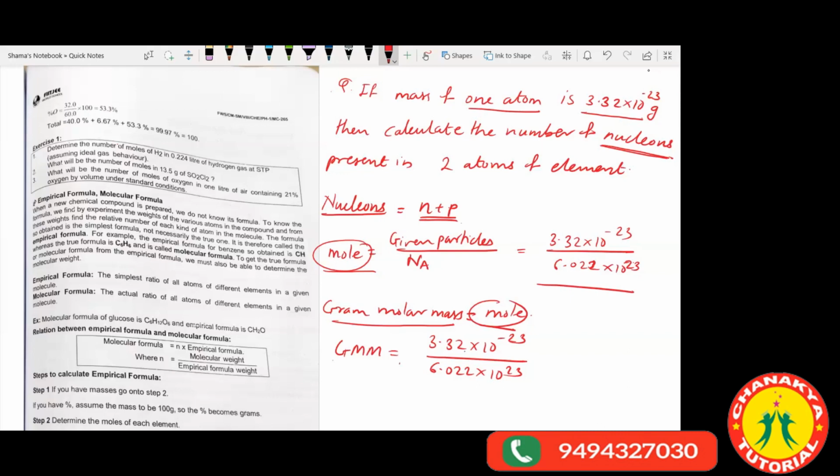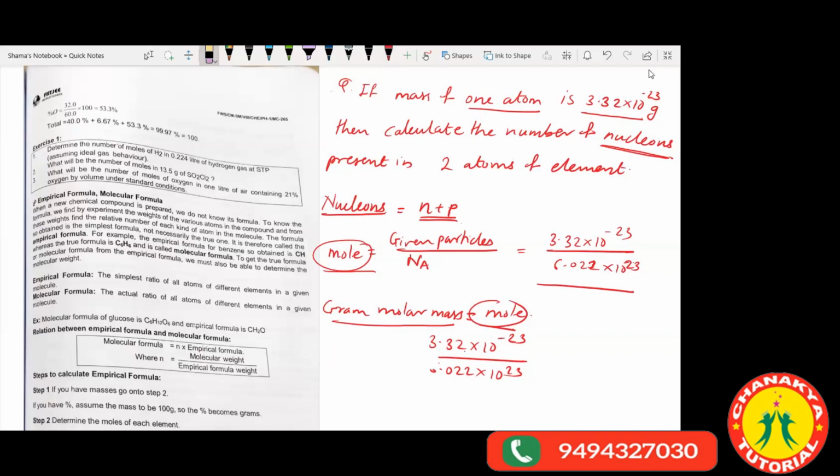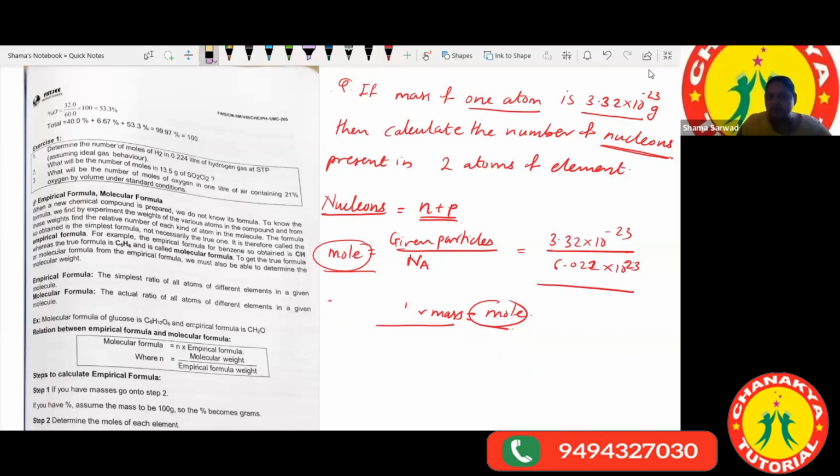Yes, ma'am. You need to multiply these two now. How will you get the gram molar mass? I'll write it here, you will get the clear idea. So mole is nothing but the gram molar mass. So you will get the molar mass of the element equal to the given particle mass, 3.32 into 10 raised to minus 23.